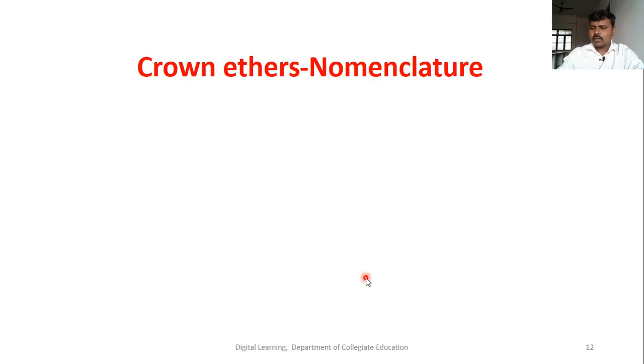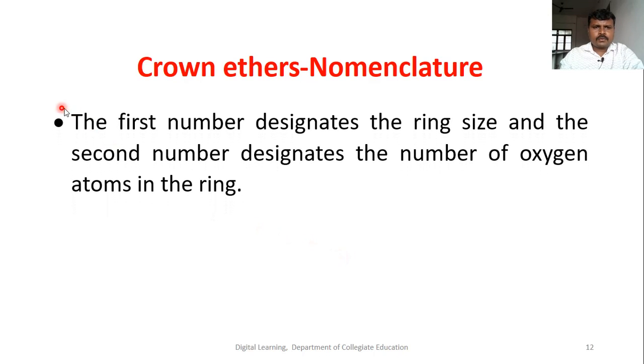Let us see how to name these crown ethers. In the nomenclature, the first number designates the size of the ring, how many atoms are present in the ring, and the second number designates the number of oxygen atoms in the ring.